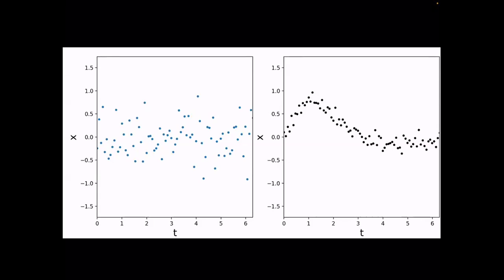But the variance for both of these signals is the same. Mean and variance of both of these signals, if I shift the y-axis of the right hand side signal a little bit, they will be exactly the same. But do these two signals look exactly the same to you? It's obvious that they are completely different signals, right?